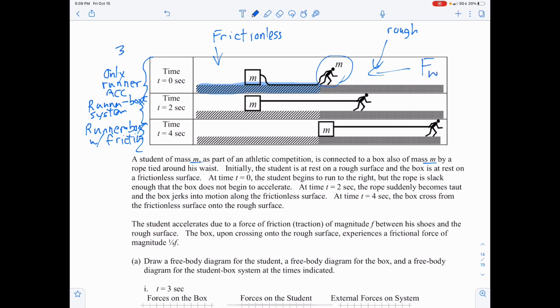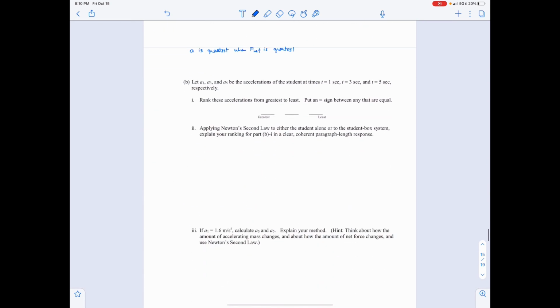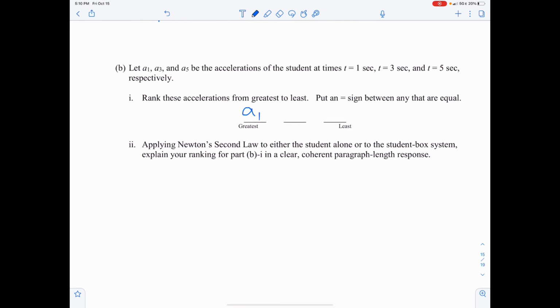This net force is a little smaller. And then this net force is the smallest. Meaning acceleration at 1 is greater than 3 is greater than 5.